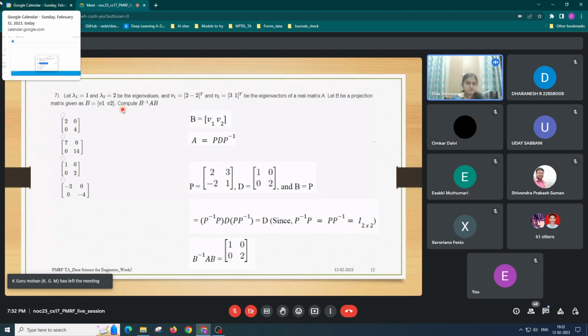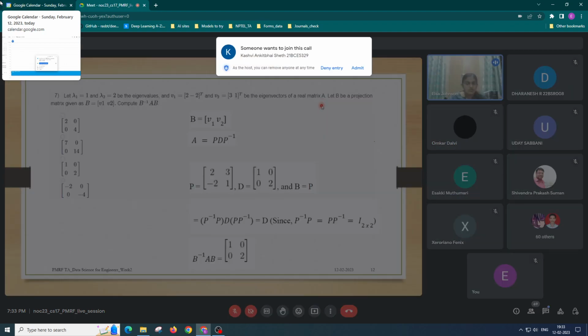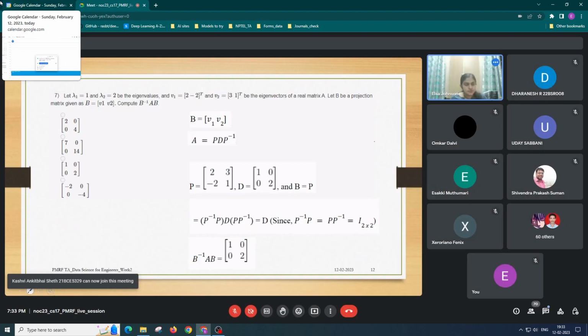In this case, we have two eigenvectors of a real matrix A. If the eigenvectors are given as v1 and v2, then you can form the projection matrix like this, by putting v1 and v2 as columns.